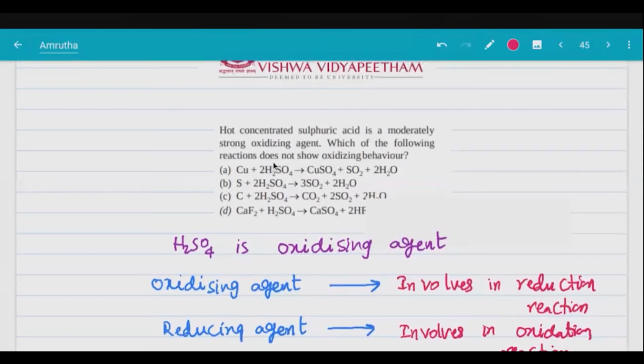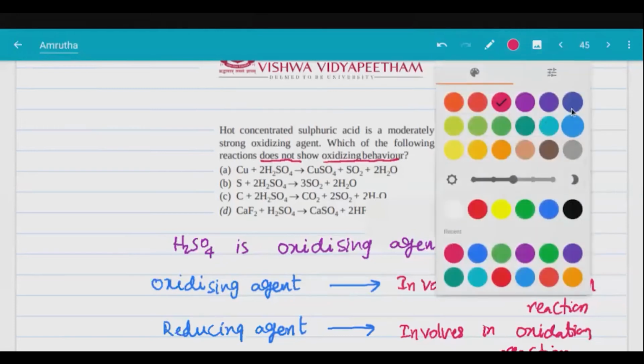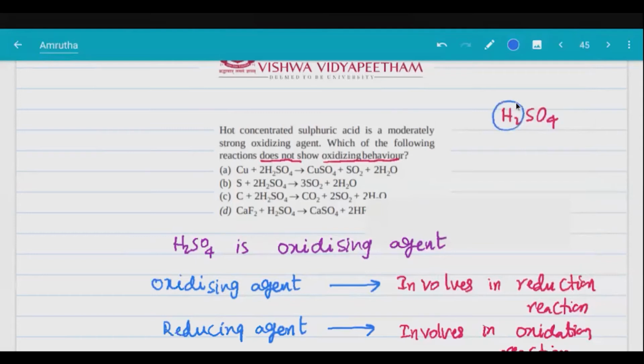What we need to do here? They are saying which of the following reactions does not show oxidizing behavior. So H2SO4, which element is getting changed? Hydrogen, usually no. Oxygen, usually no. Only sulfur. So let us check sulfur.